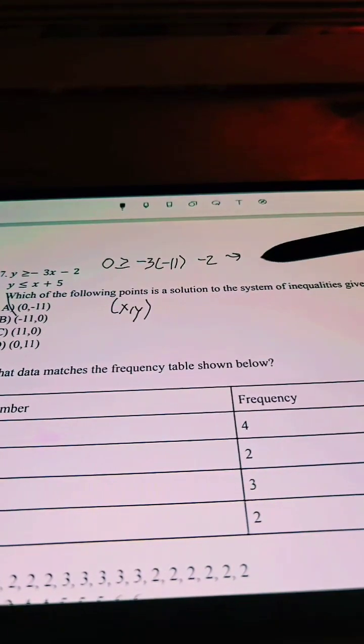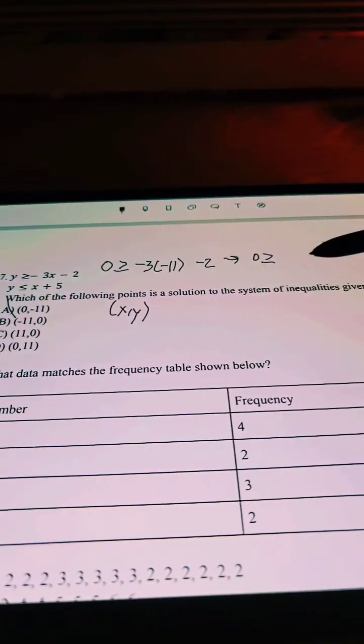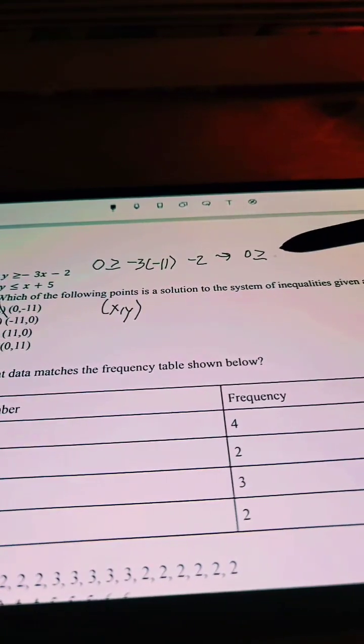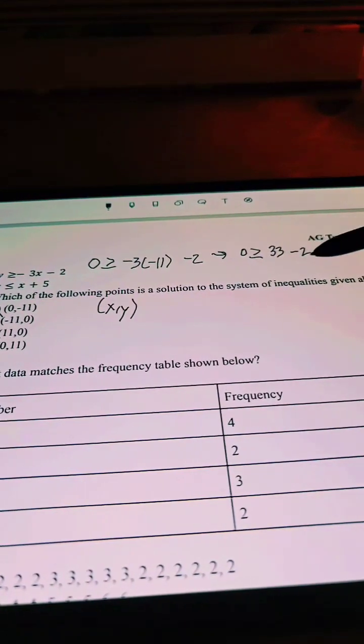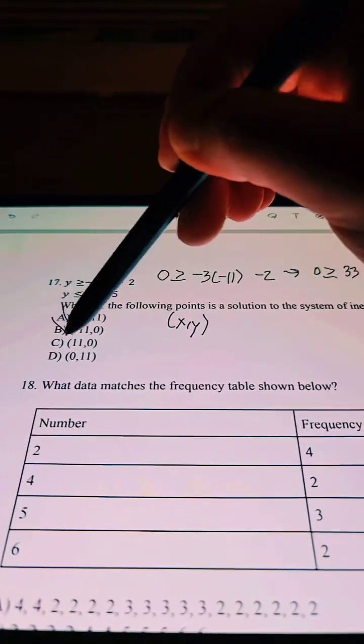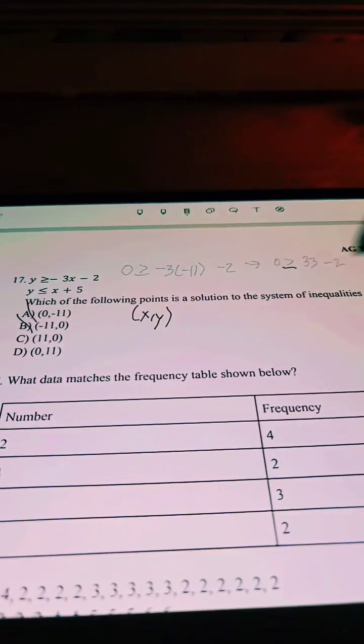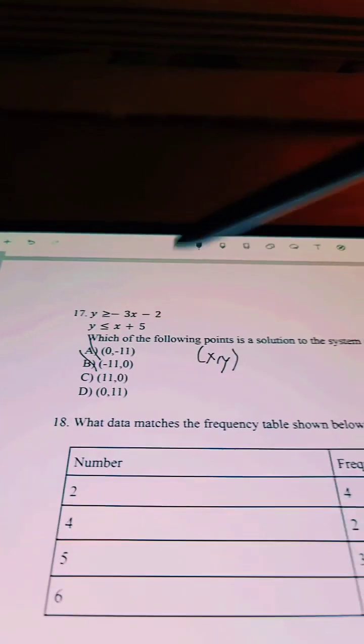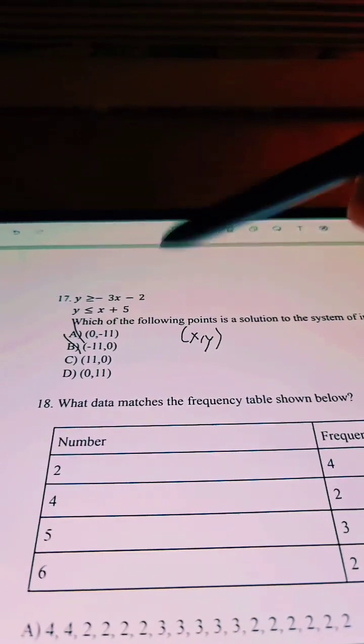So 0 needs to be greater than or equal to -3 times -11 is going to be +33, minus 2. That's going to end up being 31. 0 is not greater than or equal to 31, so it's not going to be B.